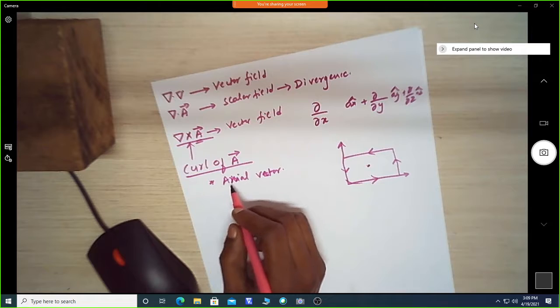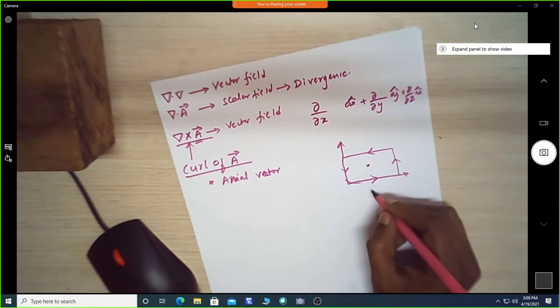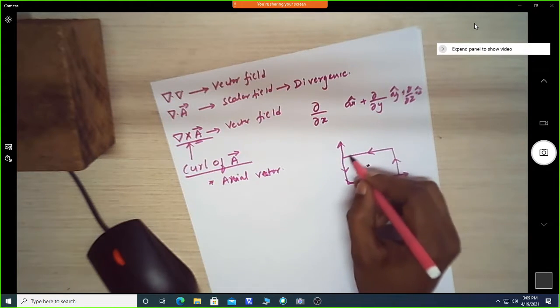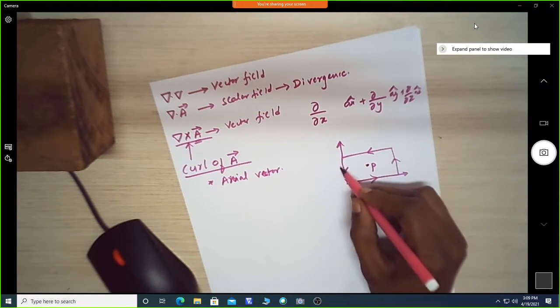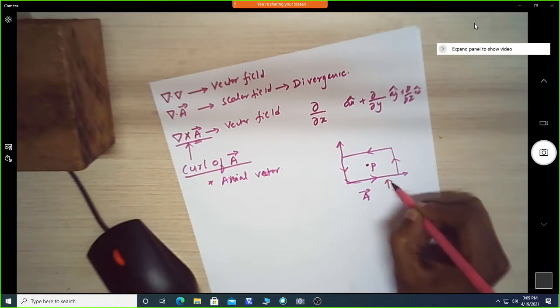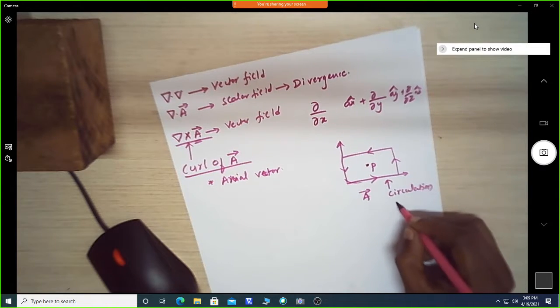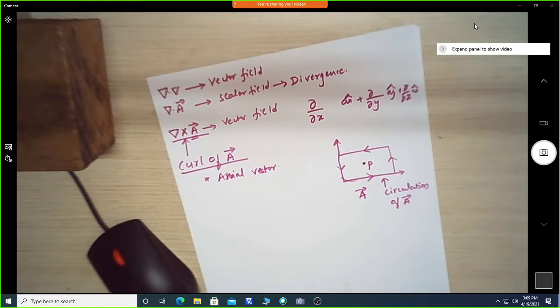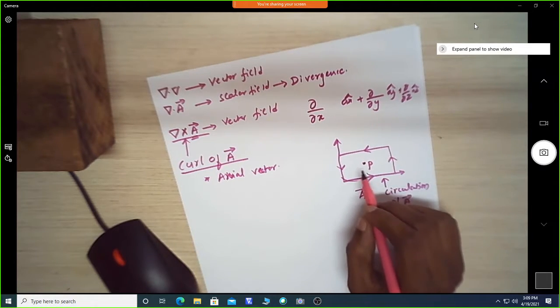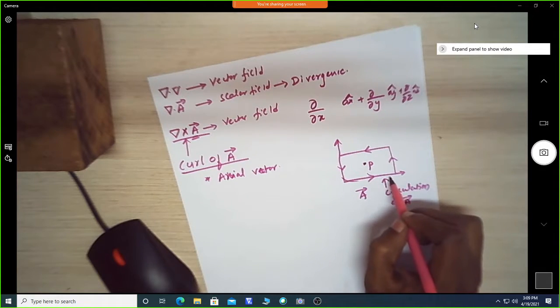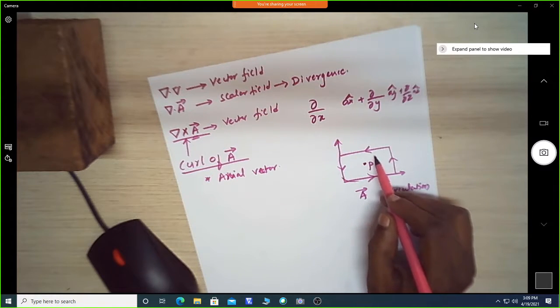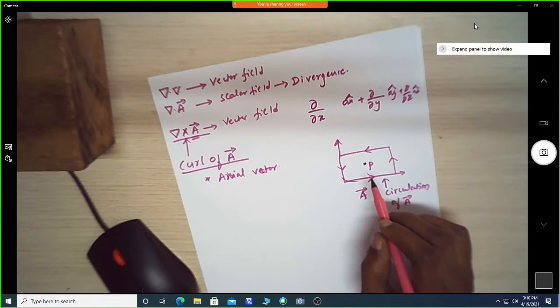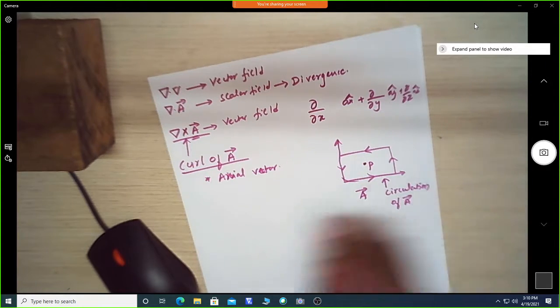The magnitude is the maximum circulation of A. Say the vector A is rotating around a point P; we call this the circulation of vector A. If I consider a closed line, which is nothing but the boundary of an open surface, and take the circulation of A per unit area as the area tends to 0, that is the magnitude of curl A.